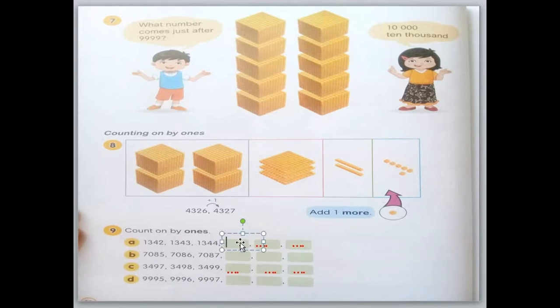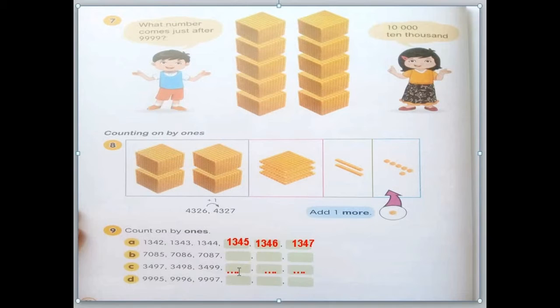Why is it changing? Because we add one more. So, the next number is 1,345. Get it? How about the next? You add one more on the ones. 1,346. Good. Next, we add one more for the ones. 1,347. Is it clear? Okay, question D, I believe you can do it.